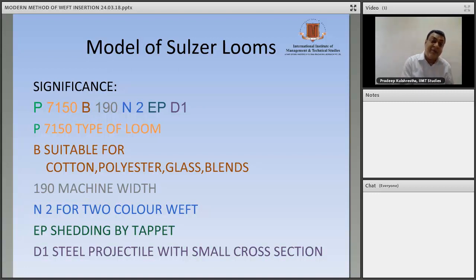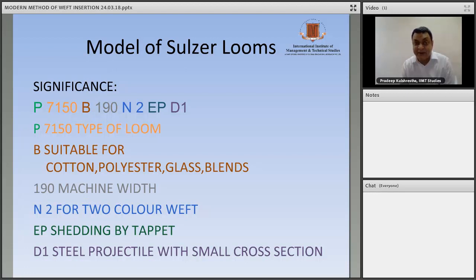There are several models of the machine according to the suitability for a particular yarn. Suppose the label shows P7150 B190 N2 EP D1.